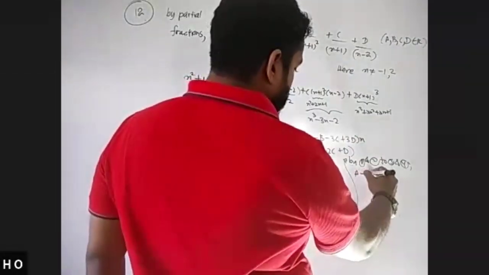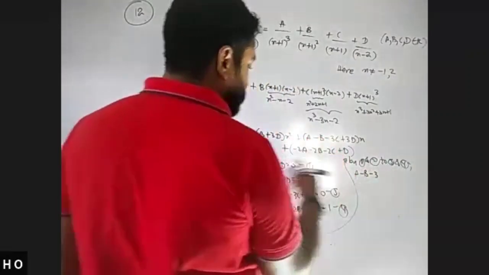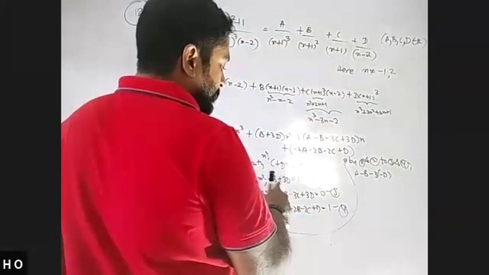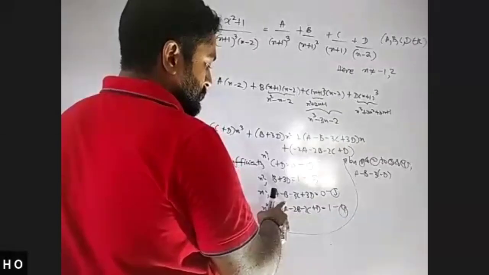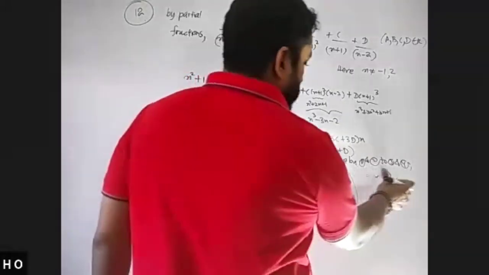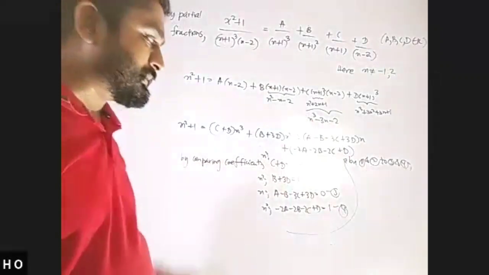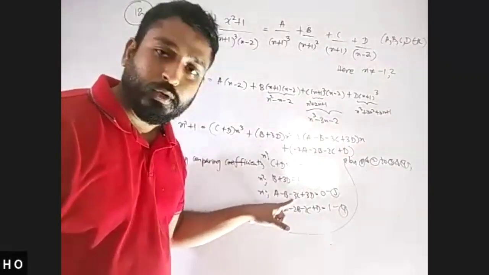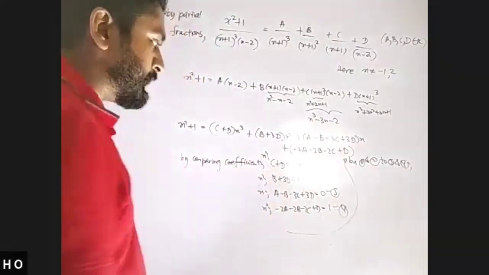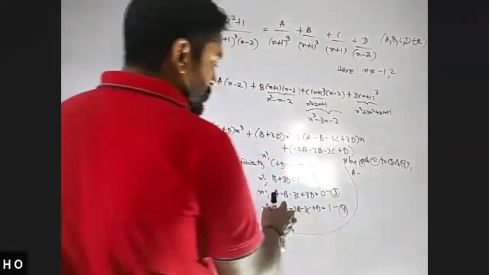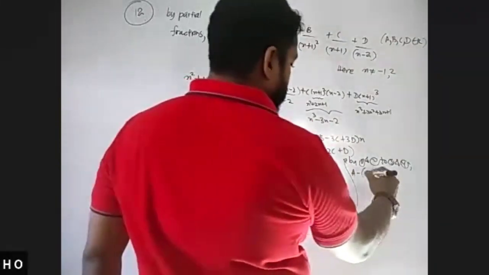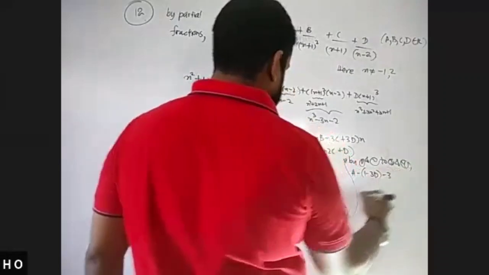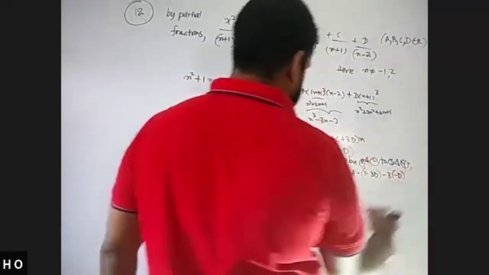My target is to keep A and D only by substituting B and C respectively from 1 and 2. So A minus B, B is 1 minus 3D, minus 3C, minus 3 times C, and C is minus D.